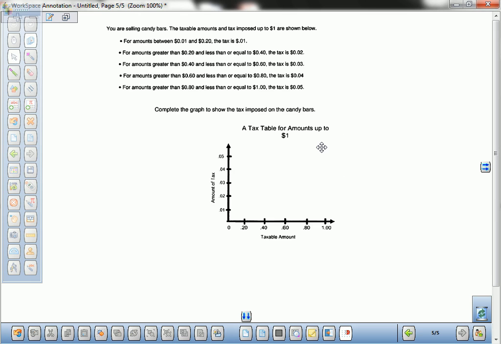The taxable amounts and the tax imposed up to $1. So for amounts between 1 penny and 20 cents, the tax is a penny. For amounts greater than 20 cents and less than or equal to 40 cents, the tax is 2 cents. And then it keeps going. So it says complete the graph.